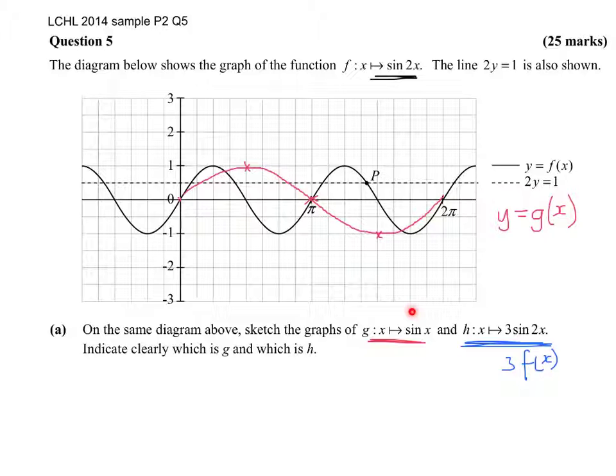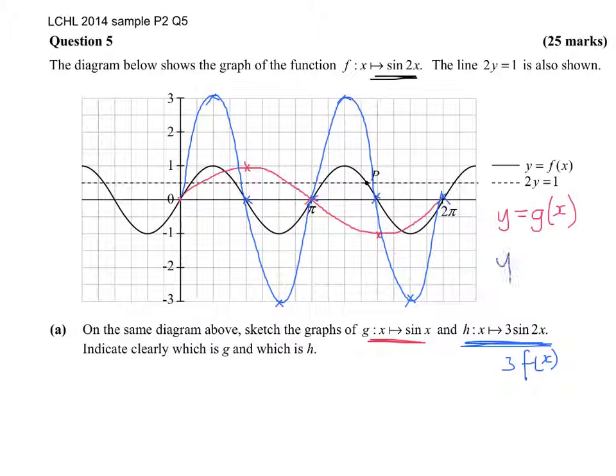So we end up with a graph that's going to have the key points, creating a curve that goes through those points. And that is your graph for h of x.